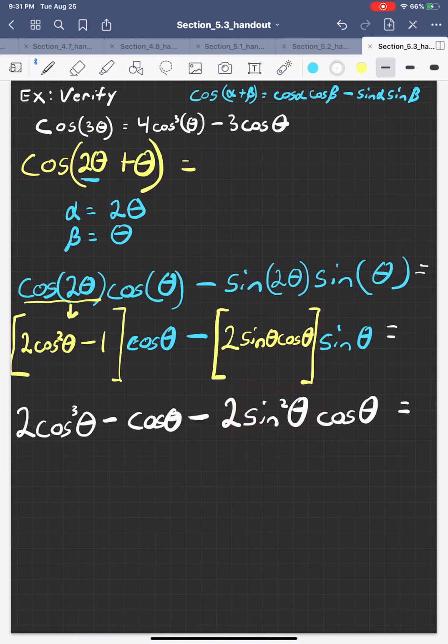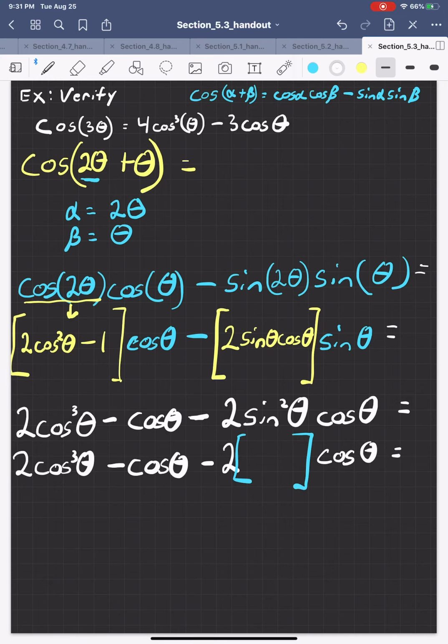I can write that. Let me write everything else. So I can rewrite sine squared. That's the only thing that's going to change. Sine squared can be rewritten as 1 minus cosine squared.